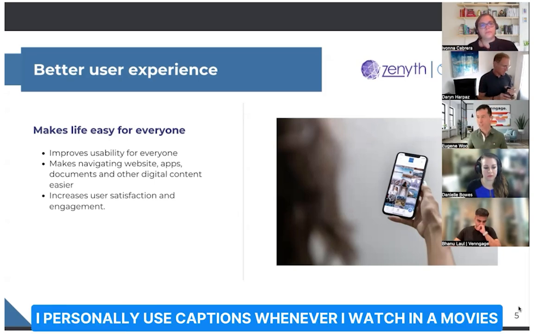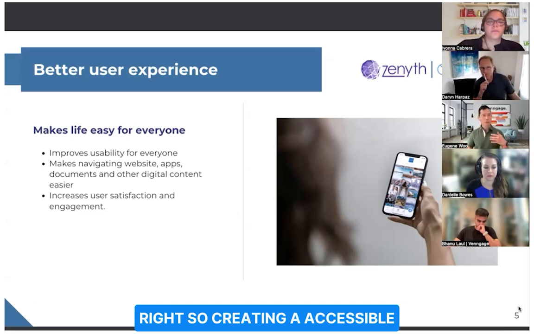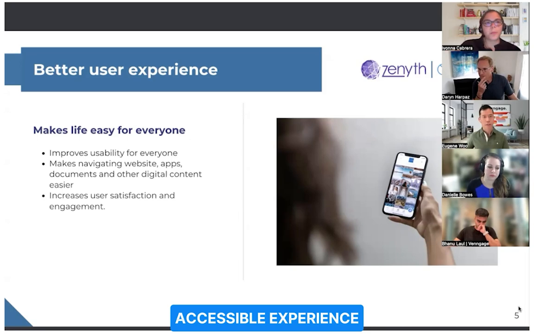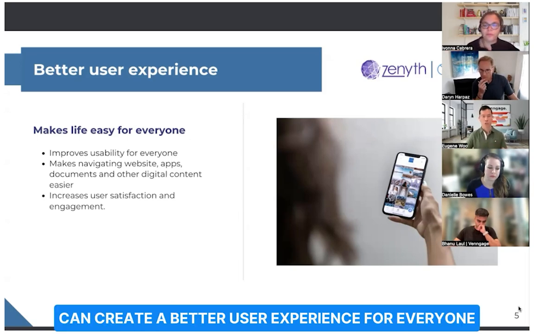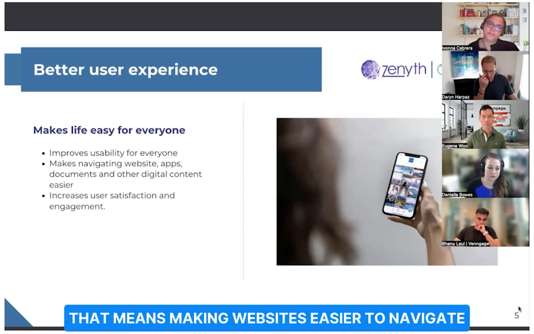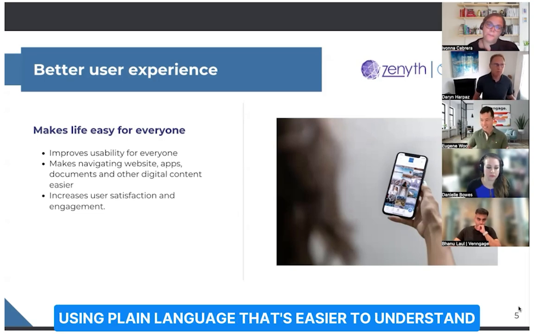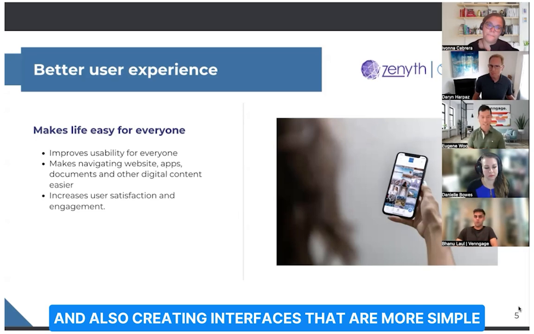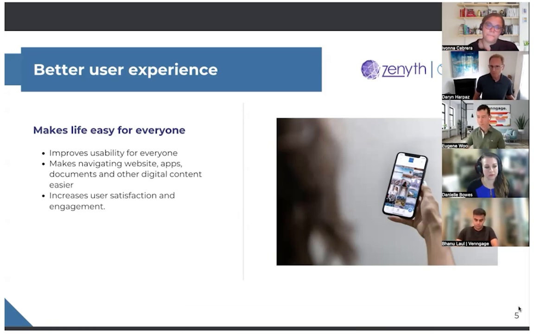I personally use captions whenever I watch movies. So creating an accessible experience can create a better user experience for everyone. That means making websites easier to navigate, using plain language that's easier to understand, and also creating interfaces that are more simple for everyone else.